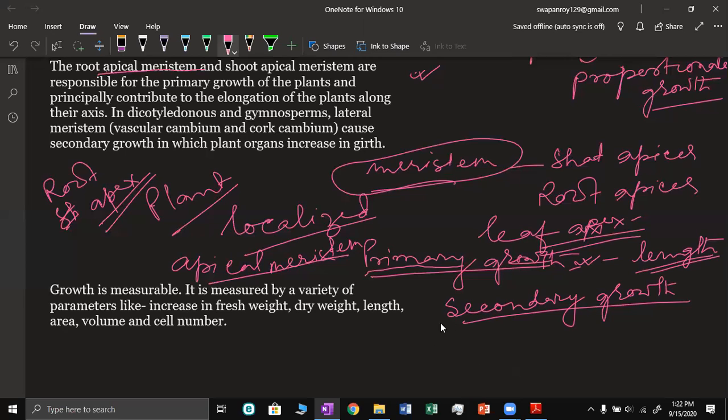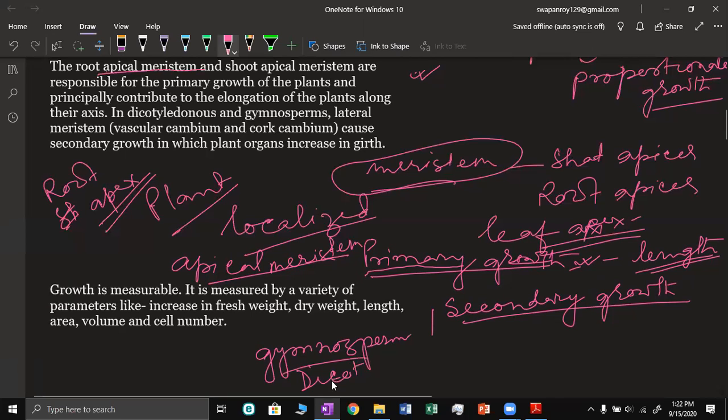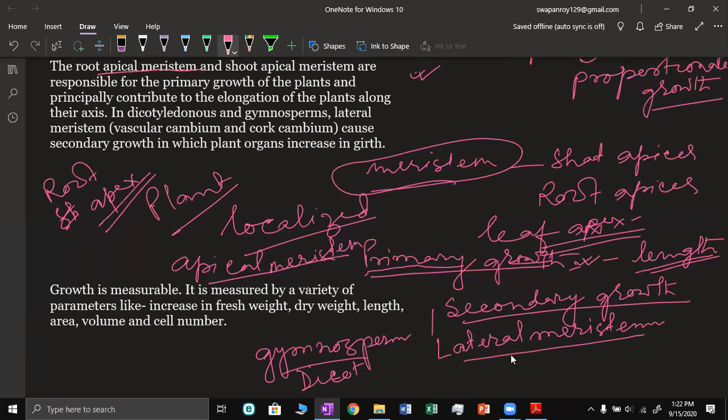But after the primary growth, in gymnosperm and dicot plants, along with the apical meristem, they have lateral meristem. What are those lateral meristems?